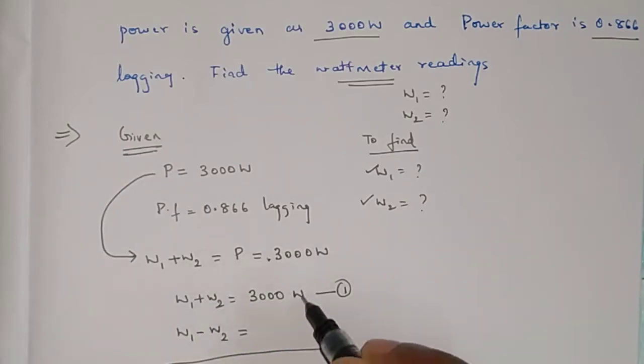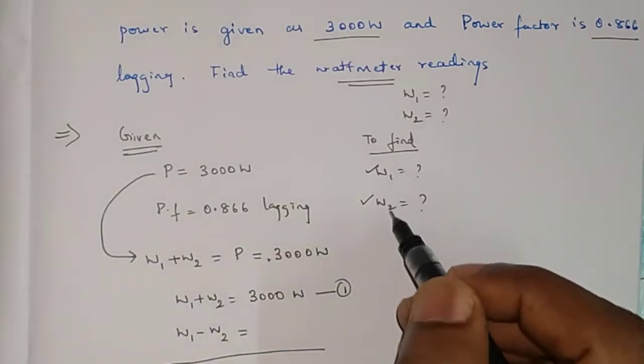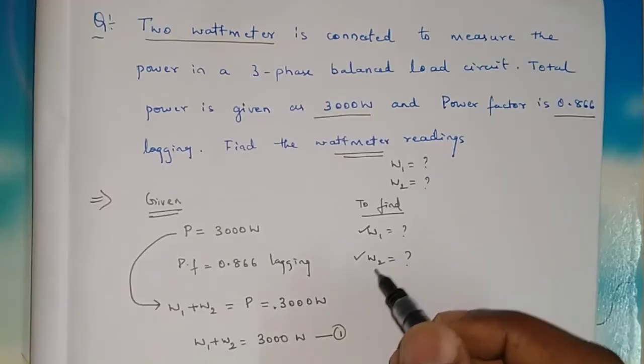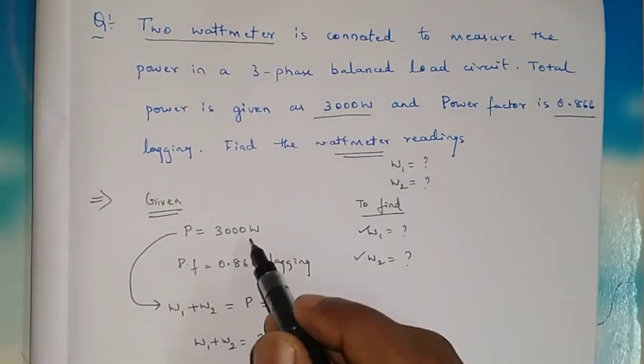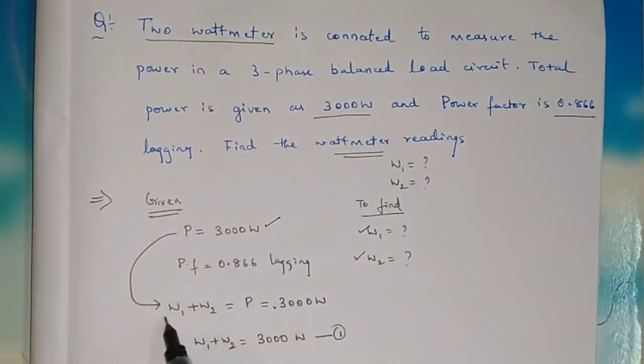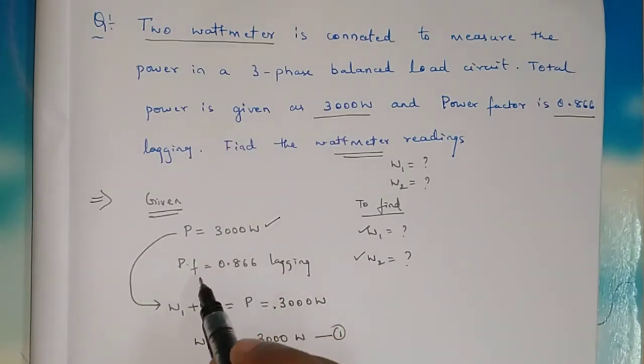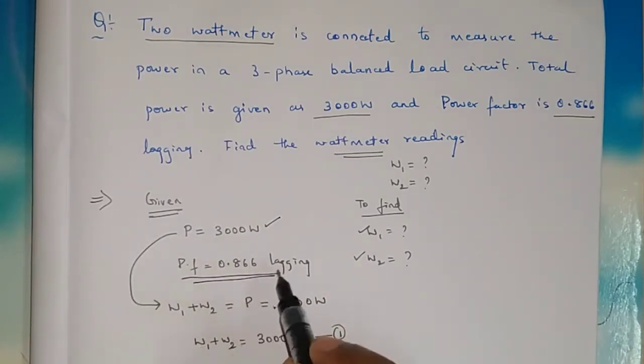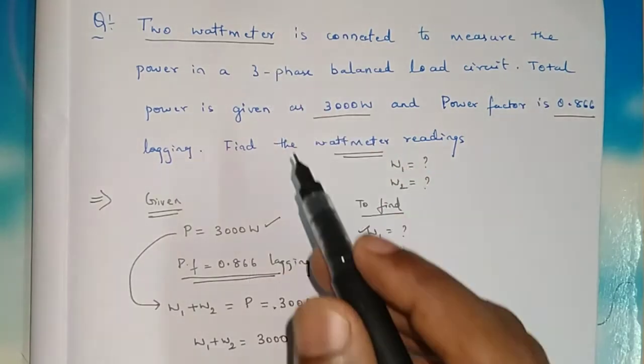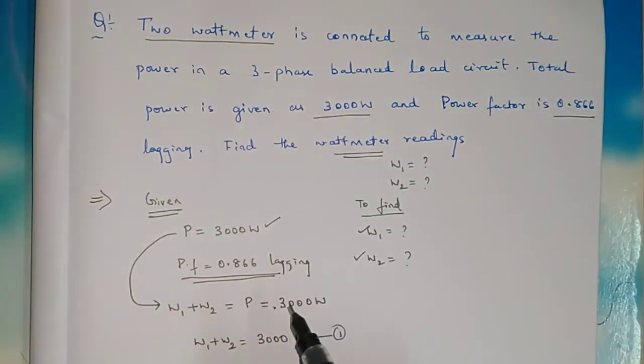For that, let's see the given data. Power is given, from which we have written equation number 1. One more parameter is given apart from power, that is power factor. Since the power factor is given under the 2 wattmeter method, we use the formula we derived for power factor under 2 wattmeter. That formula we are going to use here.